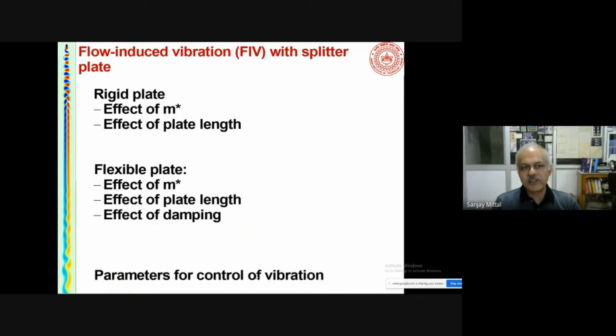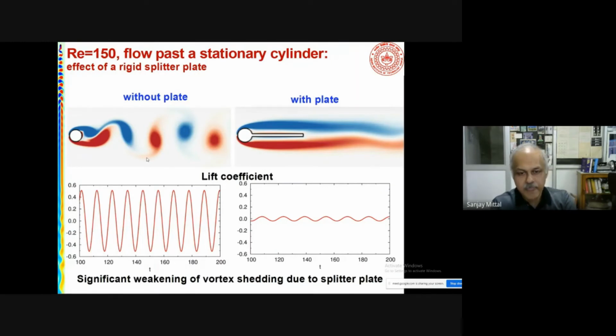So we did a number of simulations, okay, with a rigid plate, with a flexible plate. We looked at the effect of damping, the length of the plate, mass ratio. Of course, there are still more parameters if one wants to study, but just to show you, it's a very rich area. Okay, so here is a picture of flow past a cylinder with and without plate.